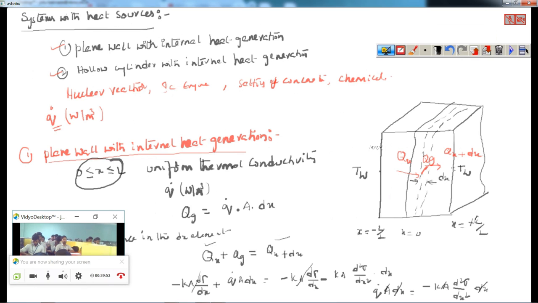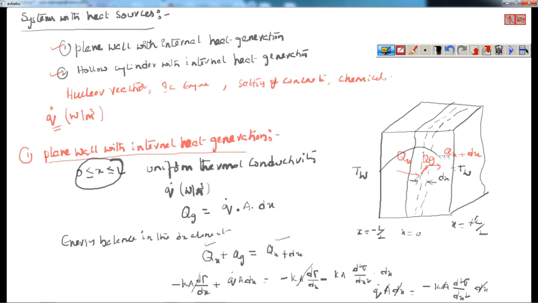I'll repeat once again: since T is equal to Tw at x is equal to minus L by 2, and T is equal to Tw at x is equal to plus L by 2, the temperature distribution is symmetrical about the center. I can draw this diagram like this, and the maximum temperature occurs at the center only, and whatever heat you want to dissipate from this system, half will go towards the left side and half towards the right side.